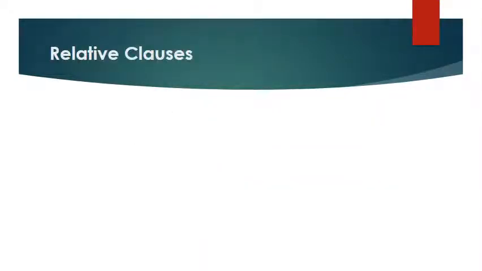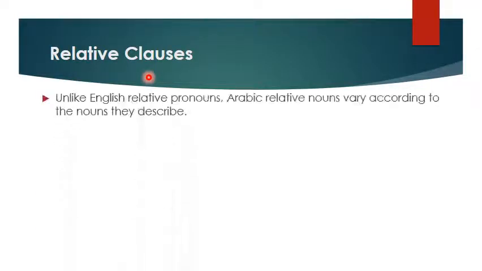Relative clauses. Here we are going to talk about the difference between English relative clauses and Arabic relative clauses. When I say relative clause, I'm sure that many of you will right away say, yeah, relative clauses are the family of that, who, which, right? These are the English relative clauses. So unlike English relative pronouns, Arabic relative nouns vary according to the nouns they describe.